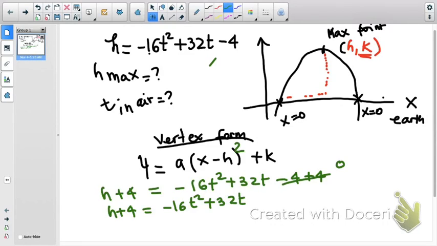So now, how do I complete the square? Well, you can think of it two ways. We know normally that the trinomial square form is a squared plus or minus 2ab plus b squared.